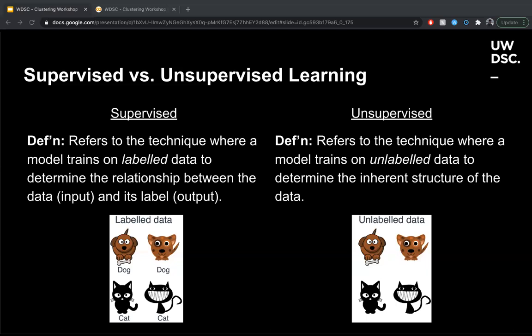In contrast, unsupervised learning is when you train a model on unlabeled data to determine the inherent structure of the data. So you would just have pictures of dogs and cats, but your program wouldn't actually know what is a dog and what is a cat. Its goal is to figure out the similarities between the data that it's being trained on in order to create what are called clusters, which I'll explain a bit later.